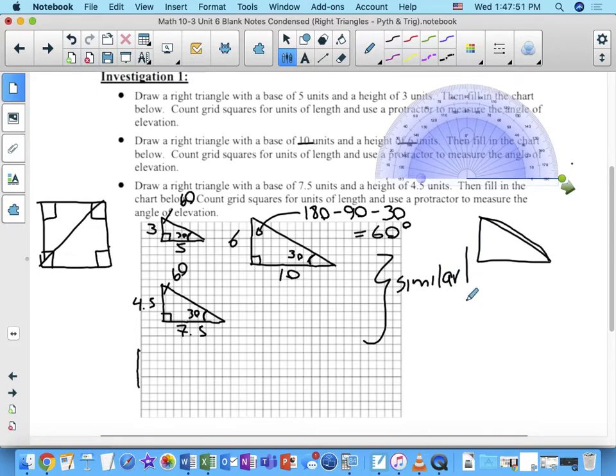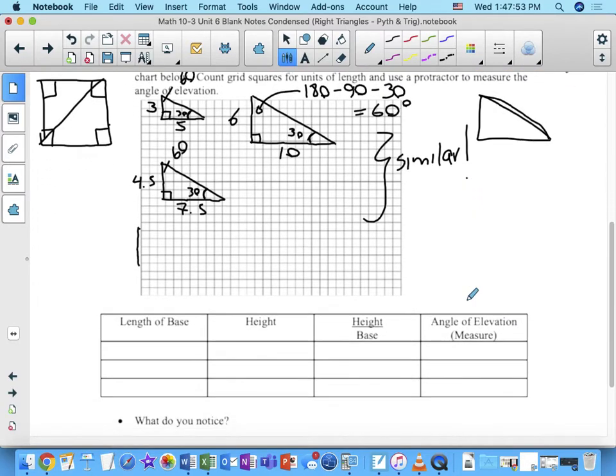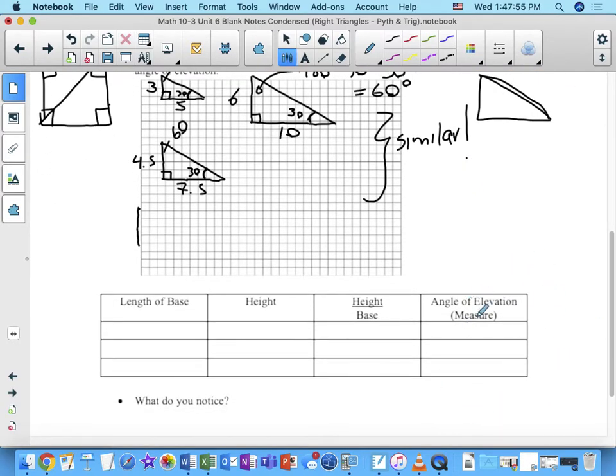Now let's do a little bit more analysis over here. This angle of elevation is the one that we measured. Let's keep in mind that this was not super accurate, so we may be off by a degree or so, but it's about 30 degrees-ish for all 3 of them. Now let's record the length of the base and the height for each of them.